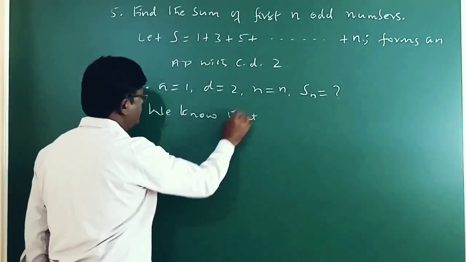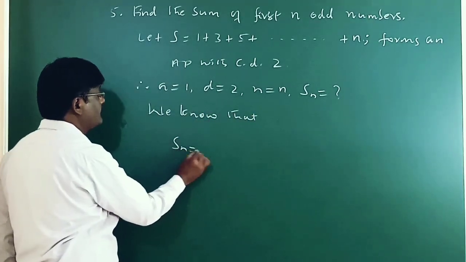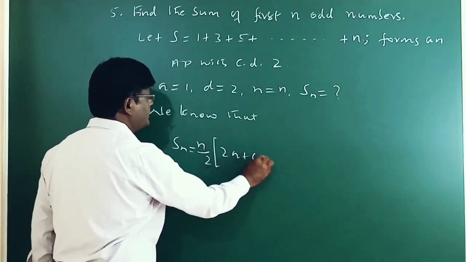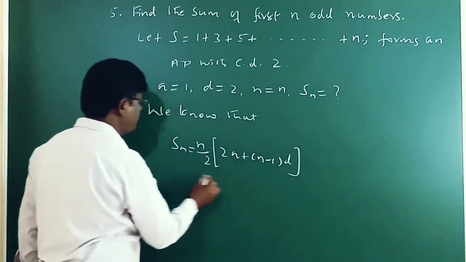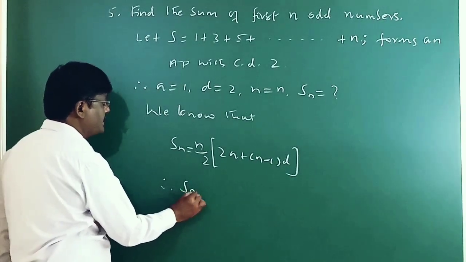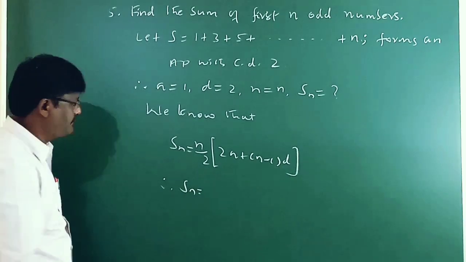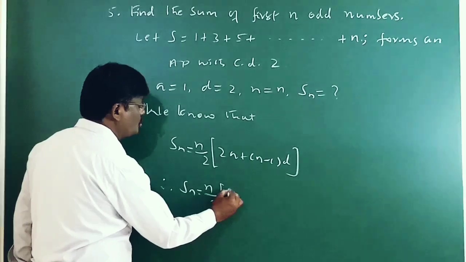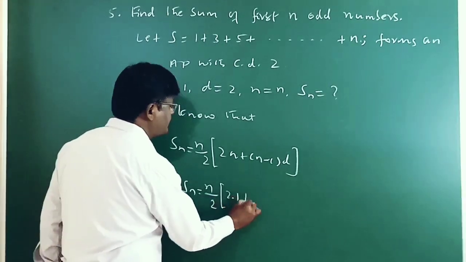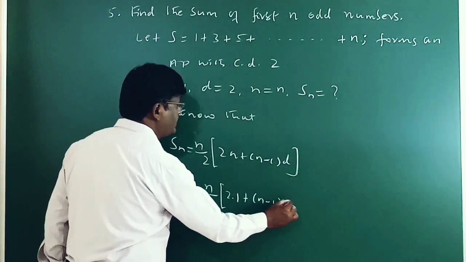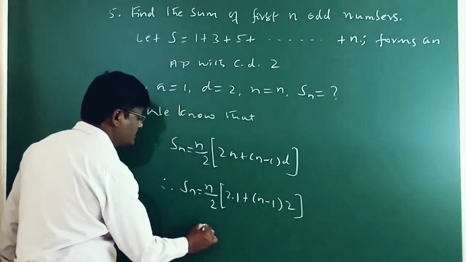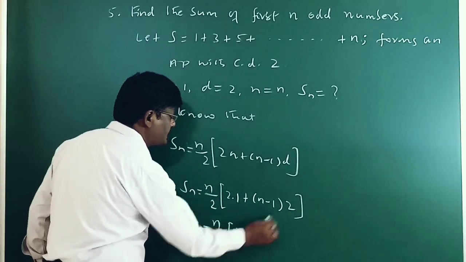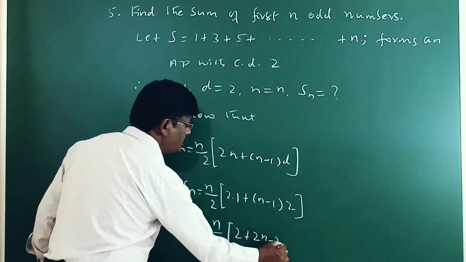What do we know? Sn equals n by 2 into 2a plus n minus 1 into d. Therefore, Sn is n by 2 into 2 into 1 plus n minus 1 into d, which is 2, thus n by 2 into 2 plus 2 into n minus 2 into 1.